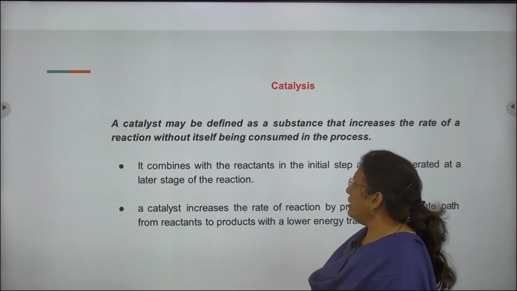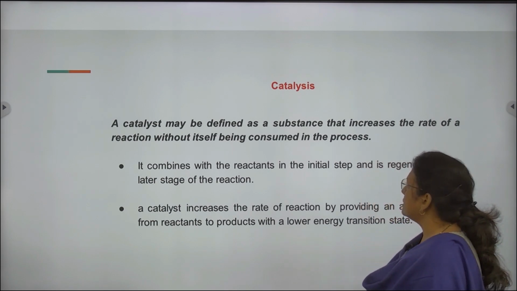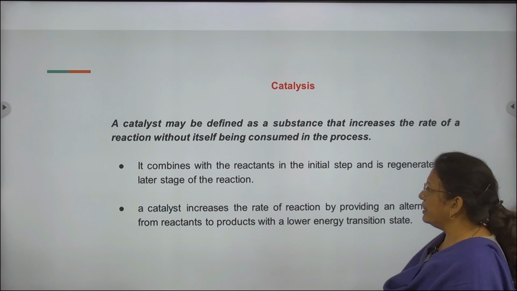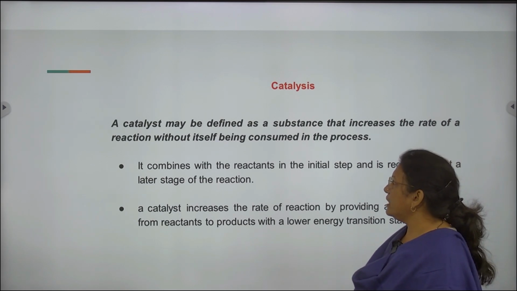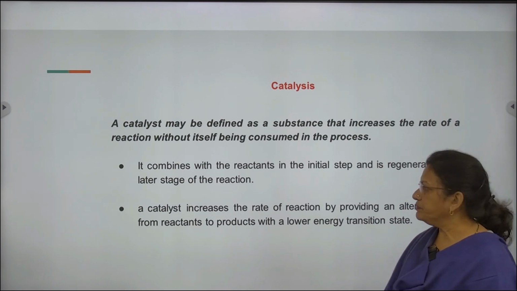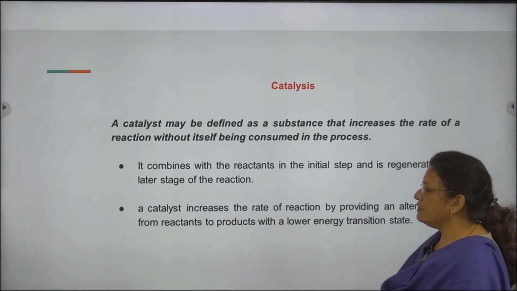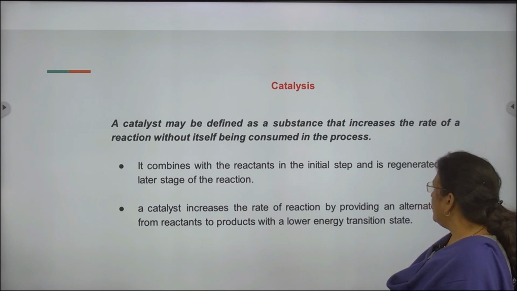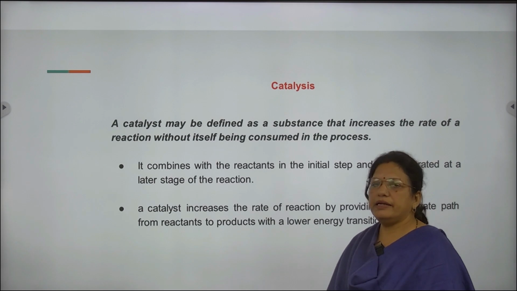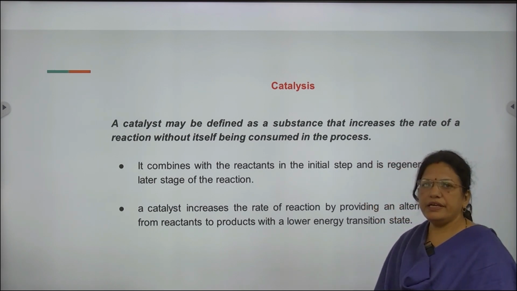Now, a catalyst may be defined as a substance that increases the rate of a reaction without itself being consumed in the process. It combines with the reactant in the initial step and is regenerated at a later stage of the reaction.